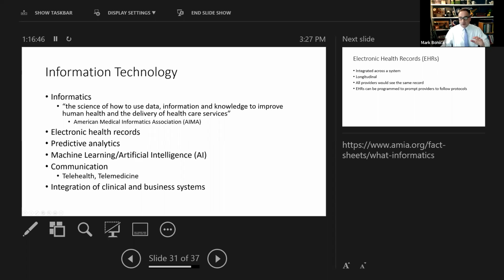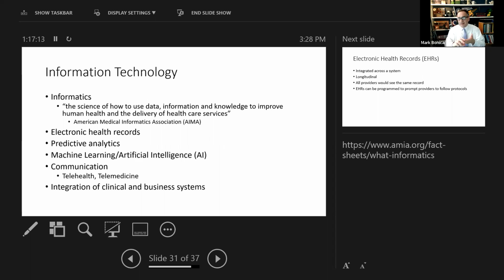That's pretty amazing. But what's even more amazing is once they've got that information, not just about me, but about all of the people who are reliant on their system, they can start using machine learning to dig through the records, looking for patterns in our behaviors and in our health status that they can actually predict. Oh man, Bonica's had these 3 things happen in the last 2 years.